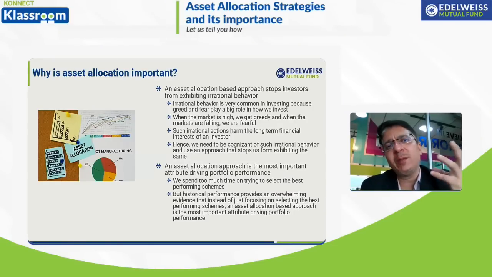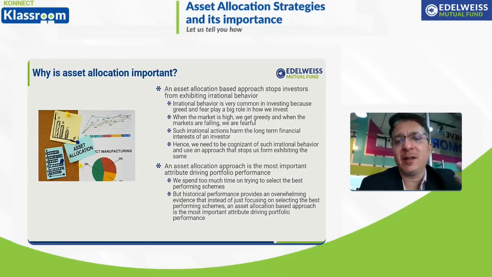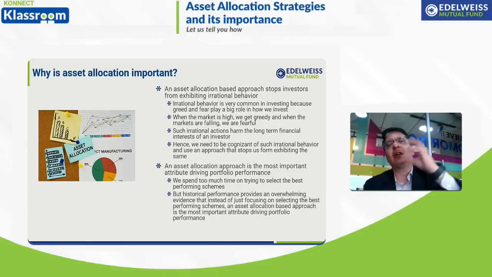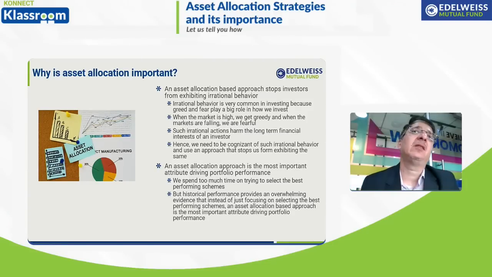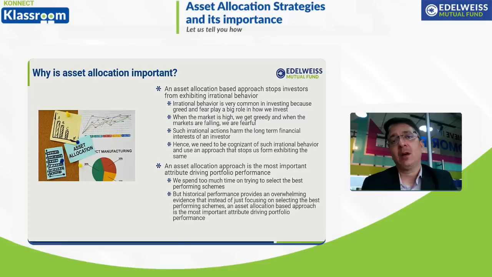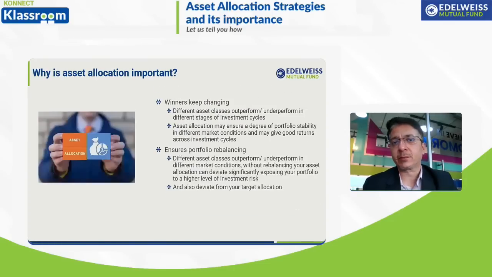And because they are going to be created across different market conditions, this becomes my best bet in being more on the positive side than on the negative side in terms of my portfolio performance. So an asset allocation actually helps in driving positive portfolio performance. So that's your second benefit.